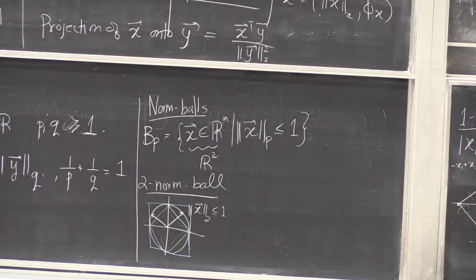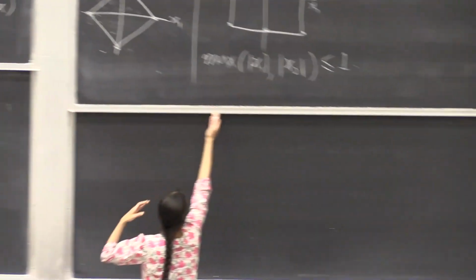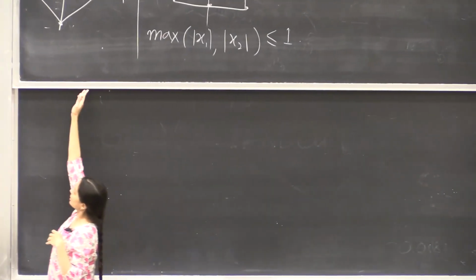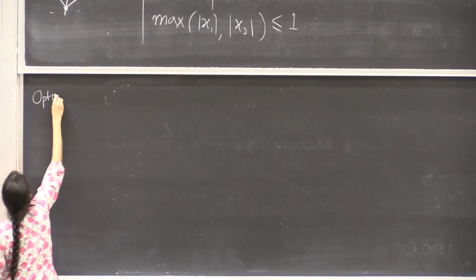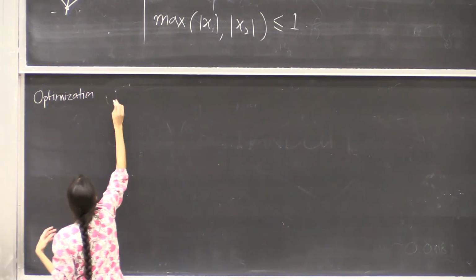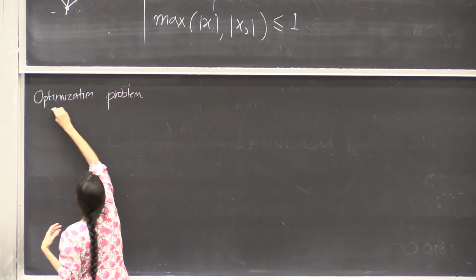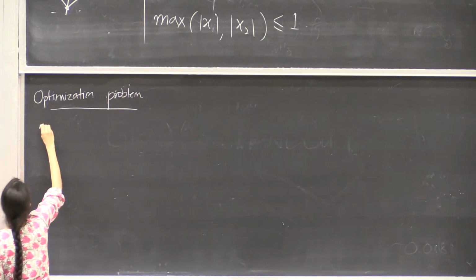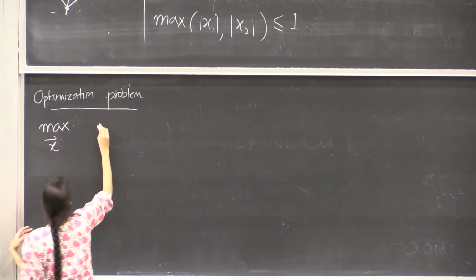So now that we have a sense of some of this geometry, I want to come to our first optimization problem of today's lecture. I want to maximize over vectors x.